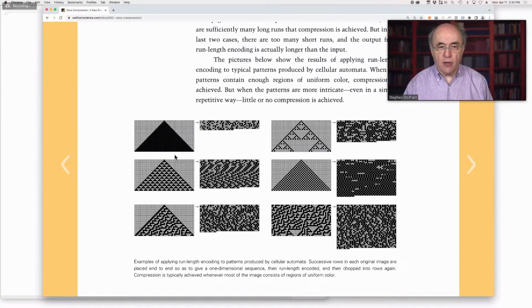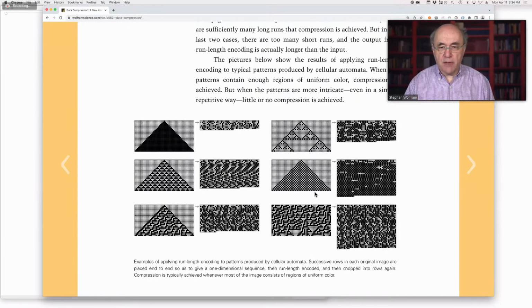All right, so this is asking for cellular automaton patterns. What does run length encoding do? In a case like this, where there are long runs, run length encoding successfully compresses the pattern. So remember, our definition of, for example, randomness had to do with, can we find a way to compress the pattern into fewer bits than the pattern itself? Well, run length encoding does pretty well for this pattern here.